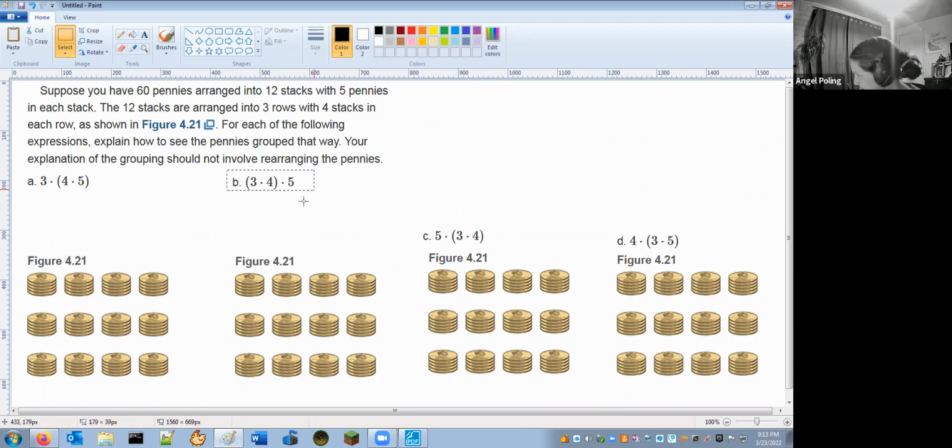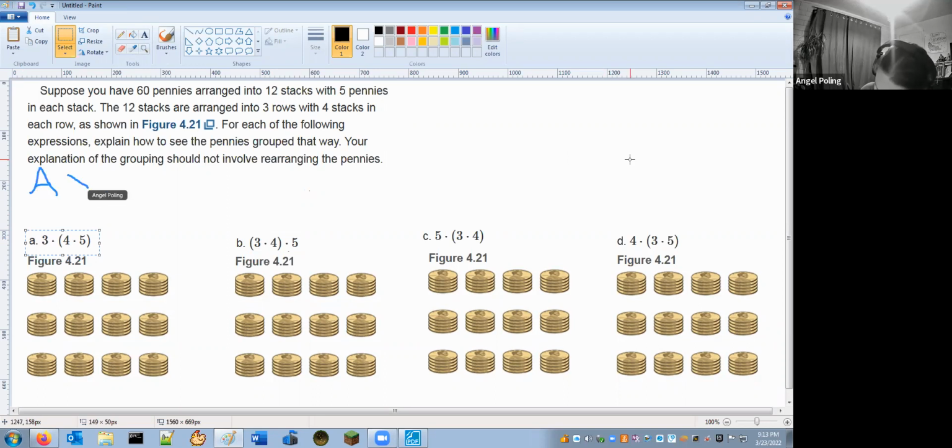C was definitely the most difficult for me. But lean into the definition of multiplication, right? Where we have 2 factors. The first factor is the number of groups. The second factor is the number of items per group.